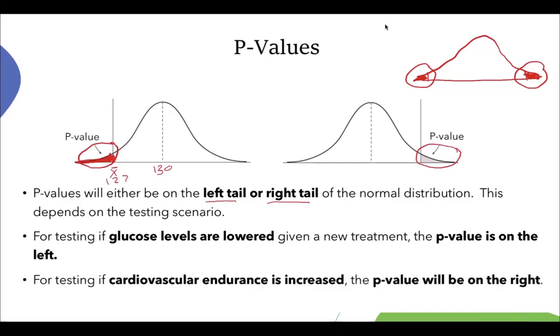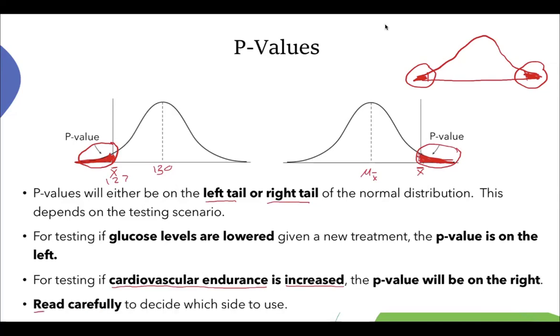But if we had a different situation, let's look at an example where we're trying to improve cardiovascular endurance through some new treatment or exercise plan, and we want to see if it's increased. Well, that would mean that we'd have our mean in the center, and the x bar hopefully would be greater than that mean, and we'd be testing for an increase in cardiovascular endurance. We'd be testing on the right-hand side, so our p-value would be on the right in that case.